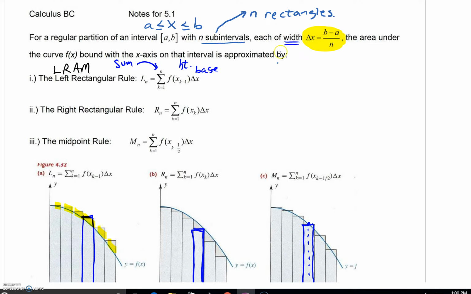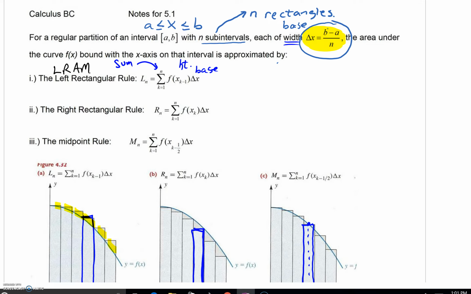And the rectangles are going to have the same base today. Every time we make rectangles to approximate area, every single one of them will have the same base, or you could call it a width. This formula that I have highlighted is super, super important. You want to have that memorized because that base of the rectangle, which we're going to call delta x, is b minus a, the right endpoint minus the left endpoint.